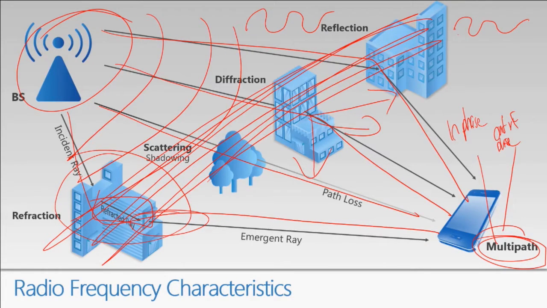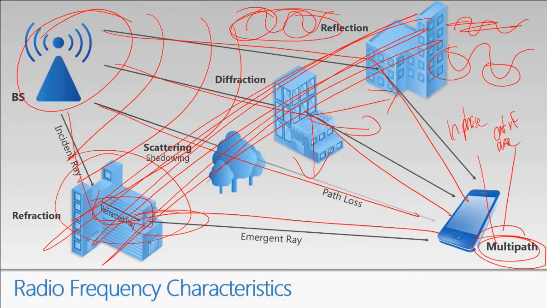However, out of phase is when up is down, down is up, left is right, and right is left. So let's say my original signal went out like this, but my received signal looked like this. Down is up, up is down. So here, here, here, here, that signal is different from the original transmission.